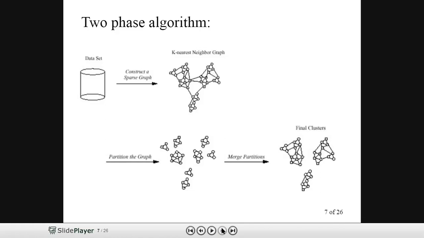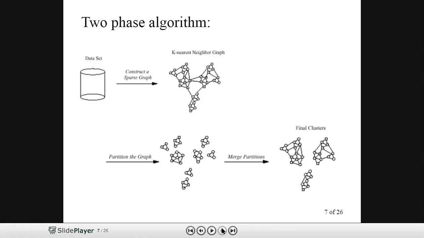After that, we divide these into smaller subclusters by setting the value of k equal to 1, 2, or 3. When we set k equal to 1, each node gets connected to its nearest neighbor. When k is equal to 2, it gets connected to the two nearest neighbors, and similarly.